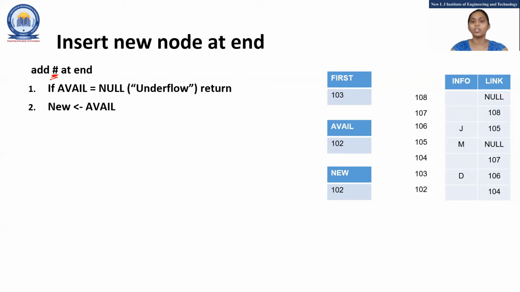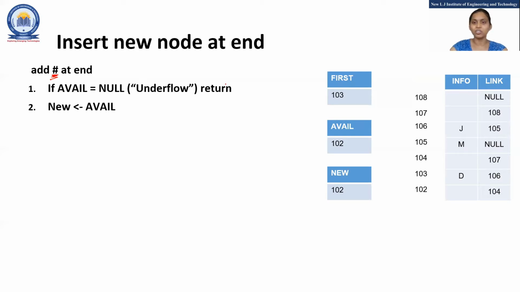So now 102 will not be a free space. It would be occupied by the new node. Now we want to deduct that node from the availability stack. How can I deduct? By changing the pointer value of avail.